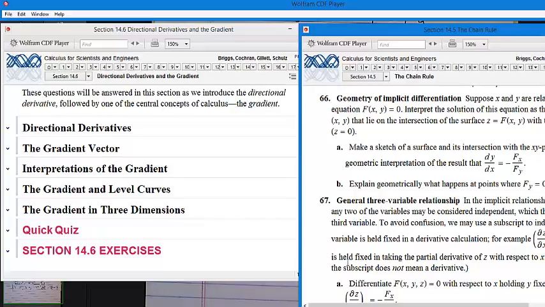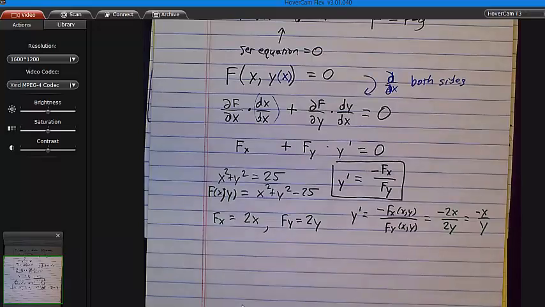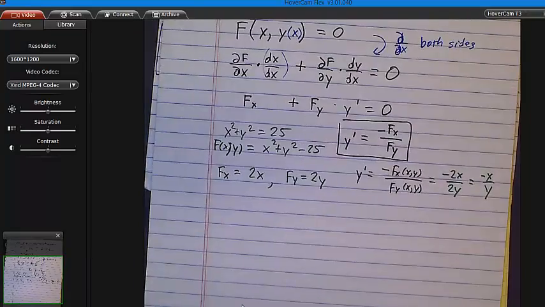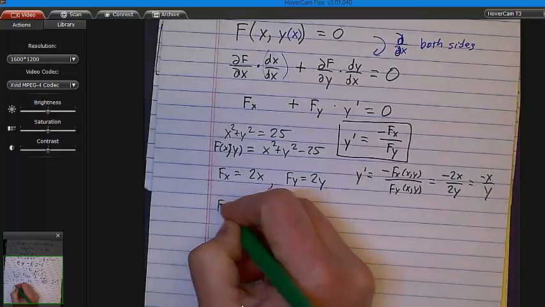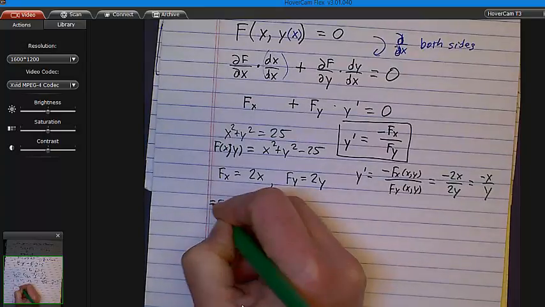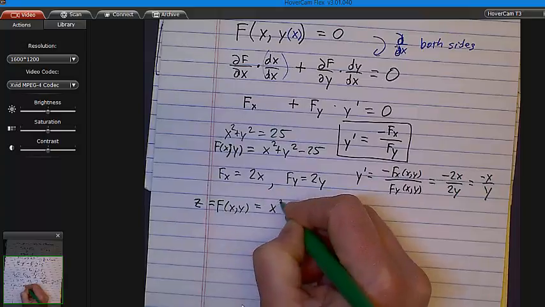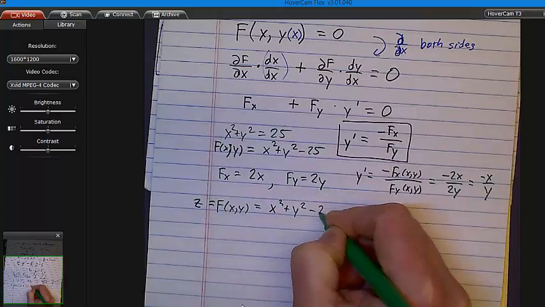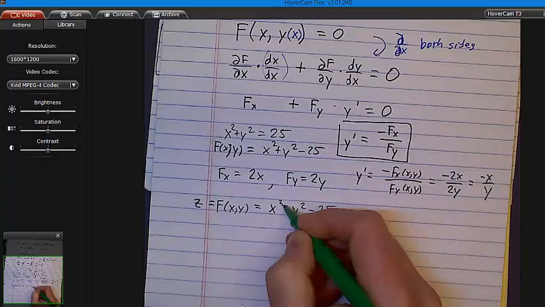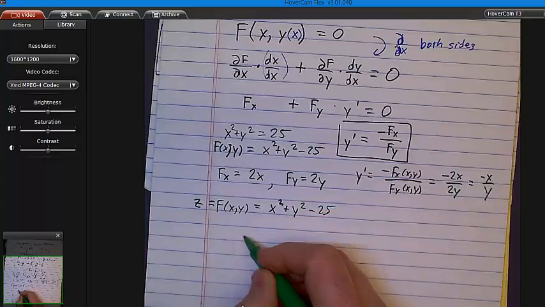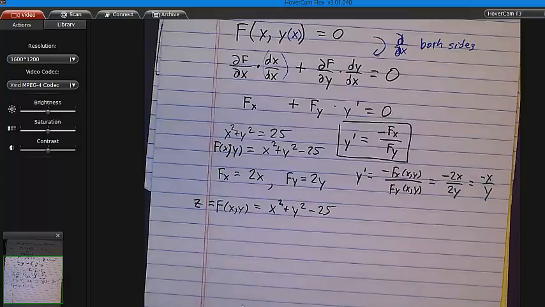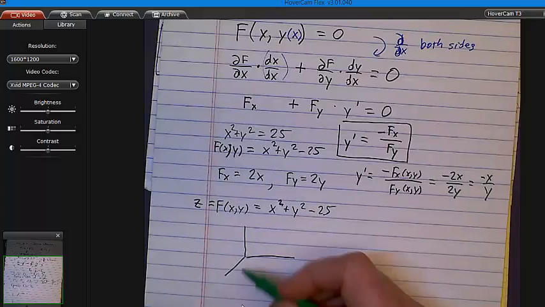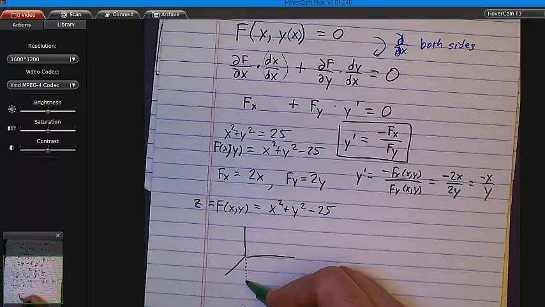Well, can I graph this thing? Let's see. What's the function? The function is, again, f of x,y, or z, is equal to x squared plus y squared minus 25. Well, let me draw some axes, I guess. Okay. Actually, for this one, I think I really want to go low. How low do I want to go on the z-axis?